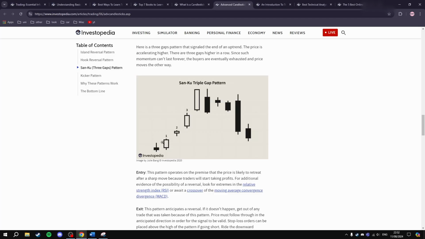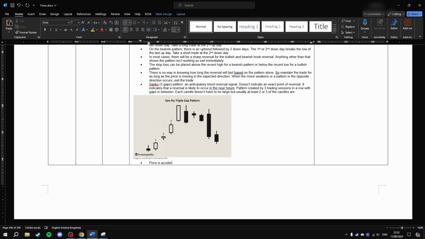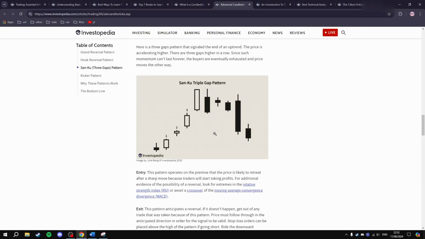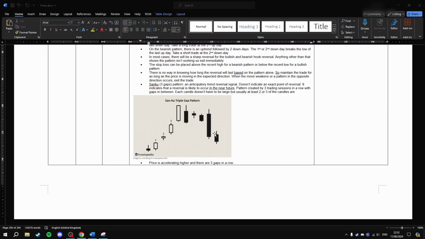So its price accelerating higher. Here's the three gaps pattern that signals the end of an uptrend. Price is accelerating higher. There are three gaps higher in a row.